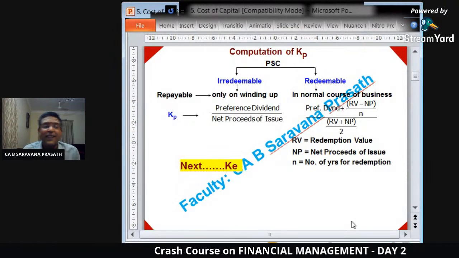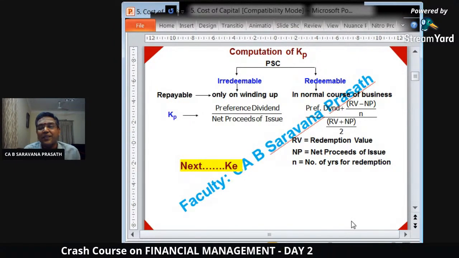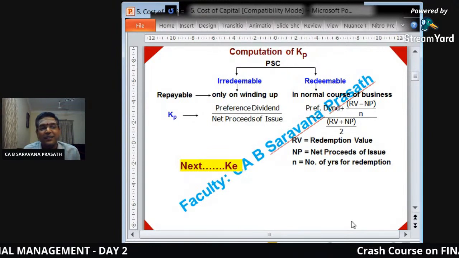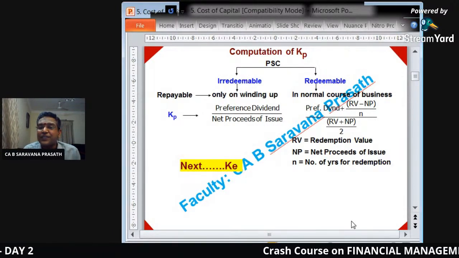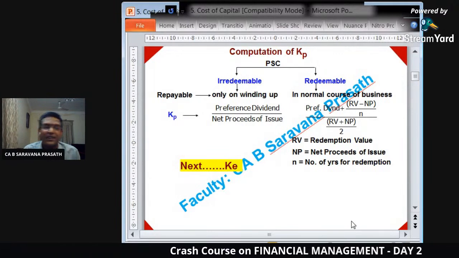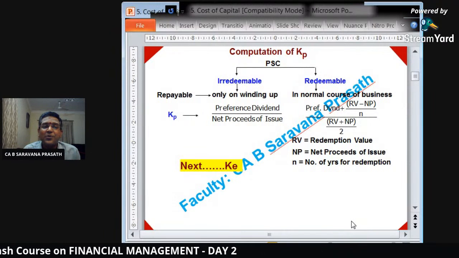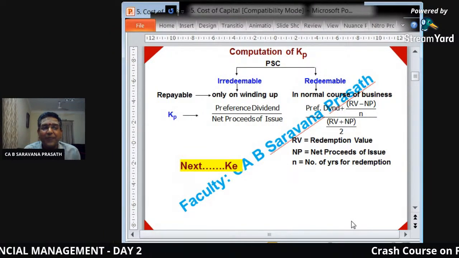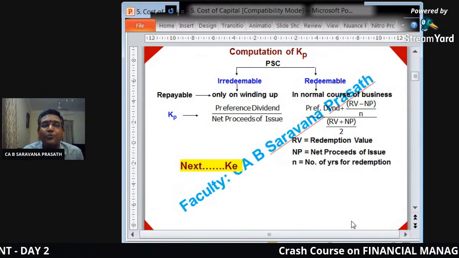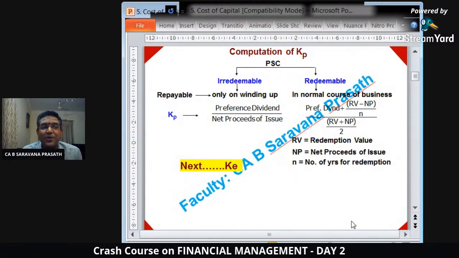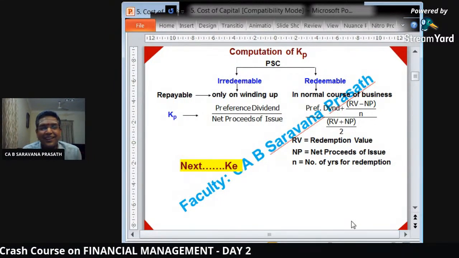Now, we have another concept called dividend yield. I am not holding any share in this company. I want to purchase the share of the company from the market. Today, the market price of that company's share is equivalent to 2000 rupees.